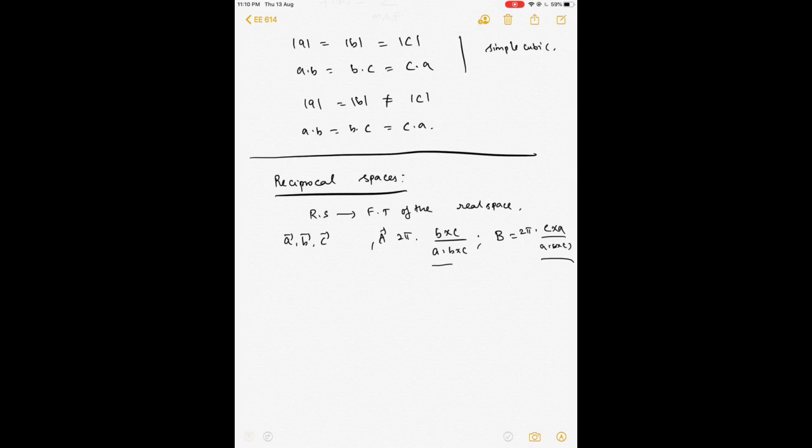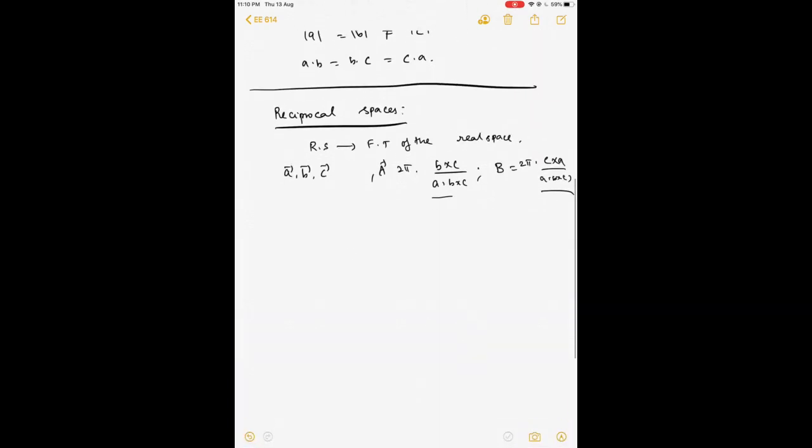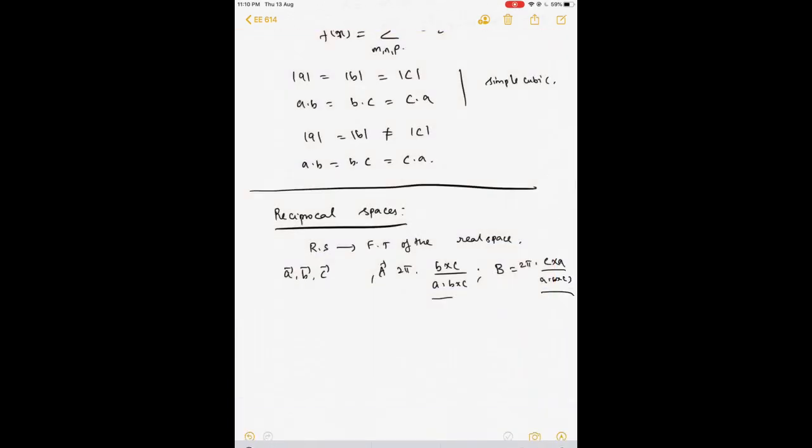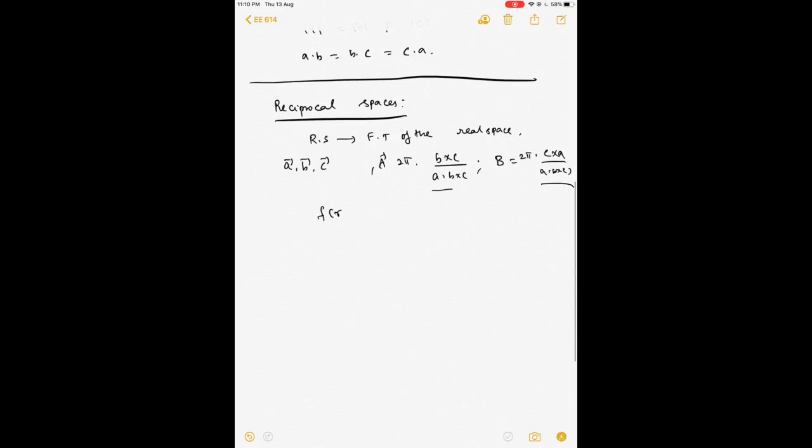And we saw that the real space can be represented as f of r equals summation over m, n, p of delta cube of r minus ma minus nb minus pc, where m, n and p are integers and a, b and c are the unit vectors. Let's take for instance the simplest simple cube.